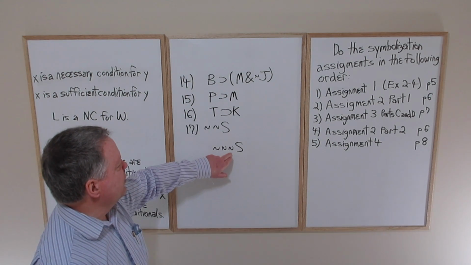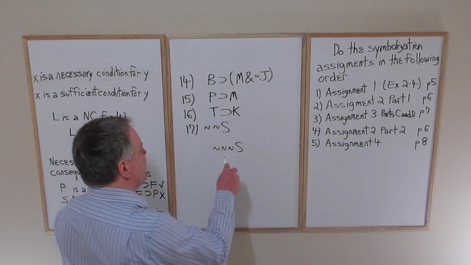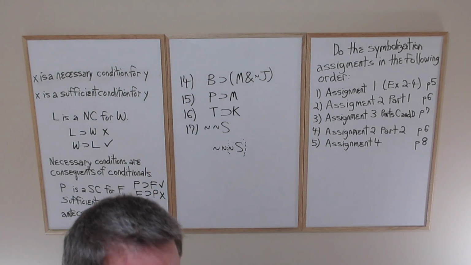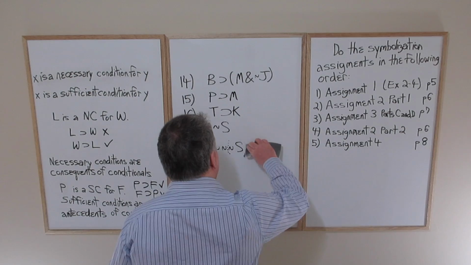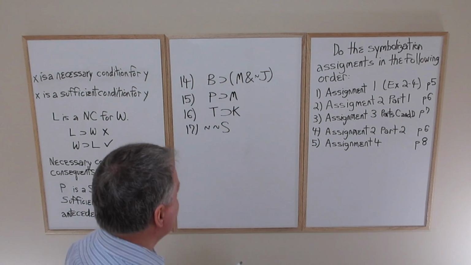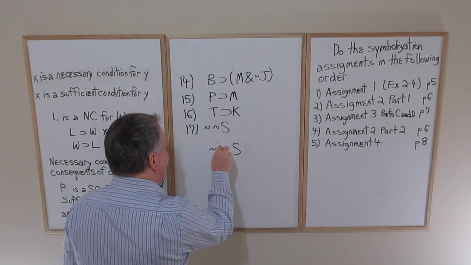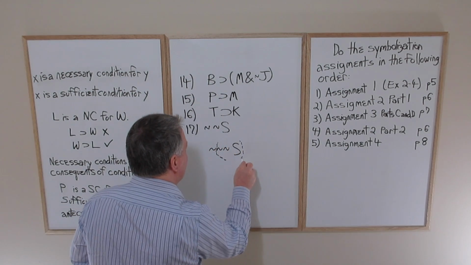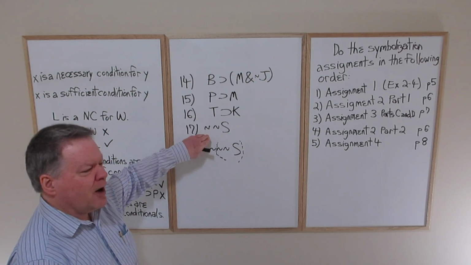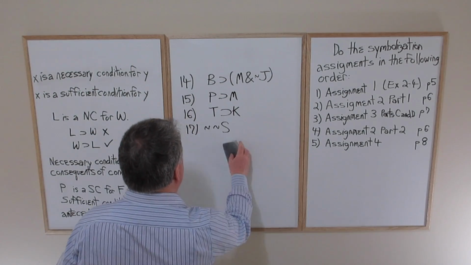The way the tildes work, this innermost one refers to the simple sentence S. This middle one refers to the sentence tilde S. And the outermost one refers to the sentence tilde tilde S. So the correct symbolization of 17 would be tilde tilde S.